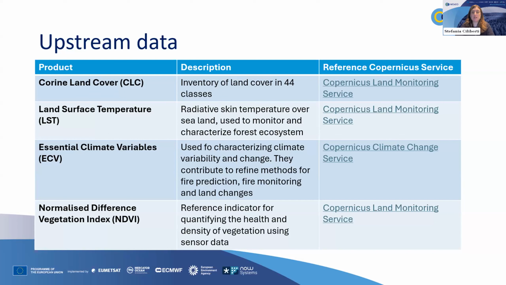In particular, this slide summarizes the main upstream data that have been accessed and used throughout this training session. Indeed, Alexander already showed you how to access them from WEkEO.